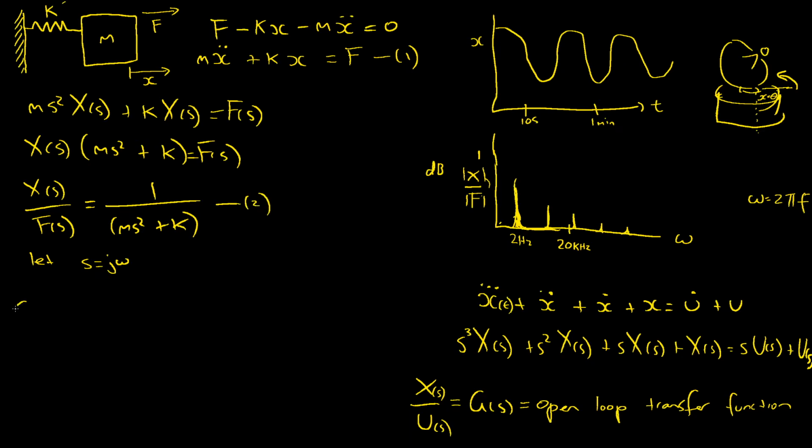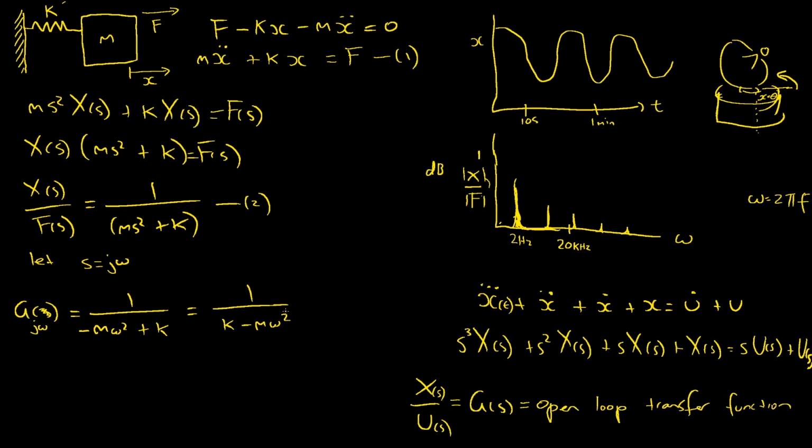And we see that our g of s, so x of s over f of s, is equal to 1 on m s squared, which would be minus omega squared since j squared is minus 1, plus k, which is equal to 1 on k minus m omega squared. Actually, this should be g of j omega because we've made the substitution.